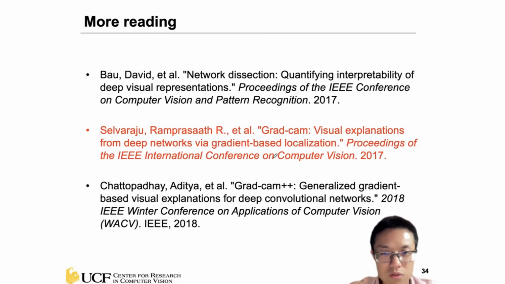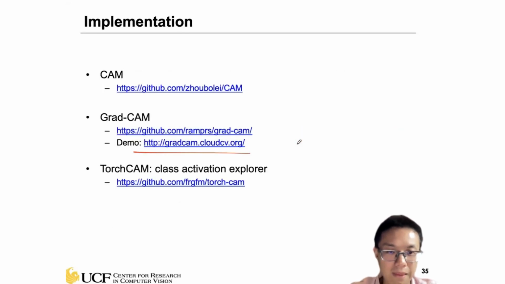So I also encourage you to look into these references if you are interested in these different mechanisms or how they improve the visual explanations. Okay, and all these different methods have code available. So in your project or in your applications, if you're interested in doing some interpretation by doing some visual explanation, you can use the code to do that. Okay.